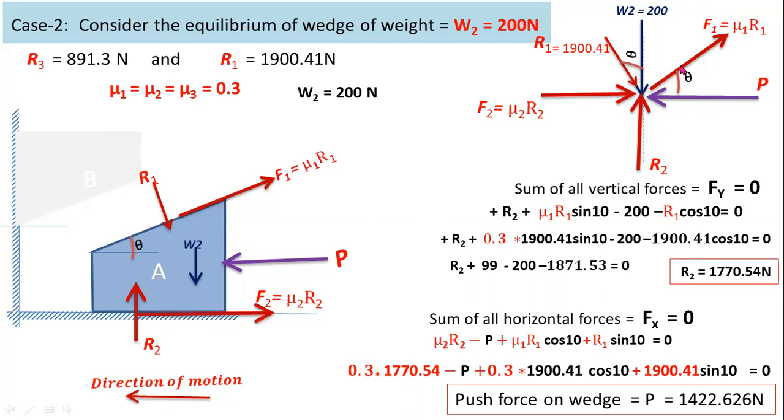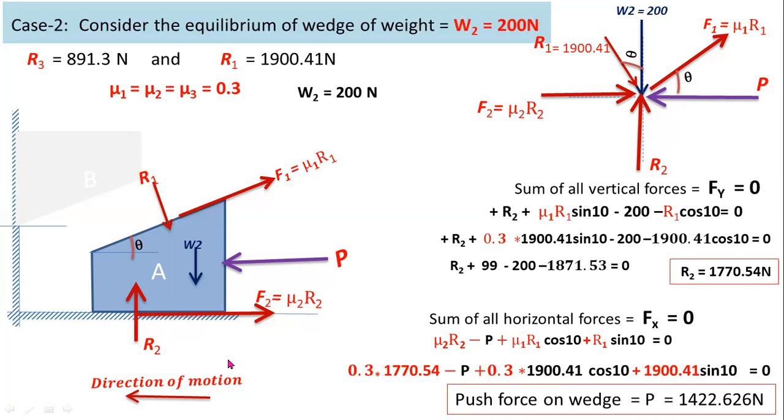Now this is the free body diagram for this case. Here P is the horizontal force, and F2 equal to mu 2 R2 is another horizontal force, and this self weight W2 acts vertically downwards. Now this reaction force R1 makes an angle theta with respect to the vertical axis, and this frictional force F1 equal to mu 1 R1 makes an angle theta with respect to horizontal.